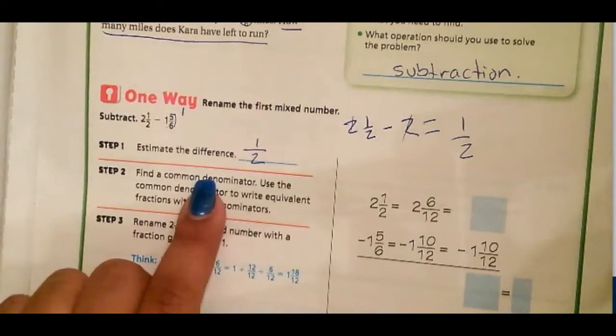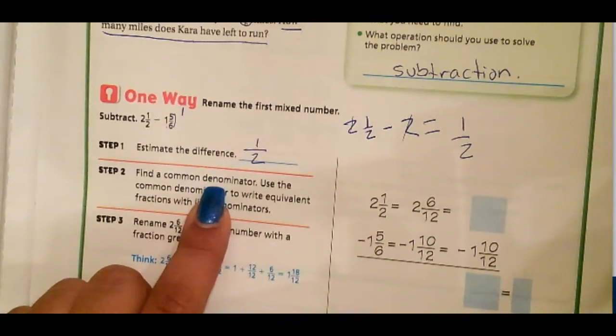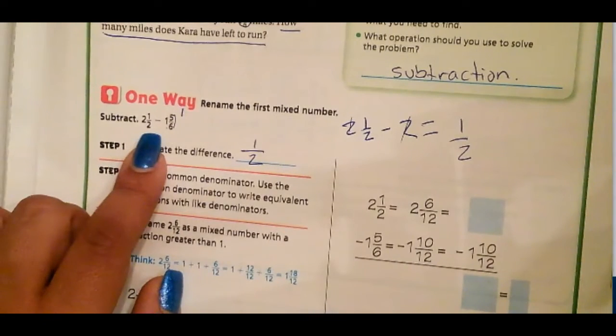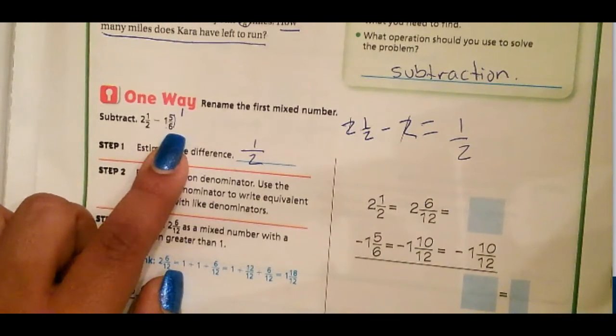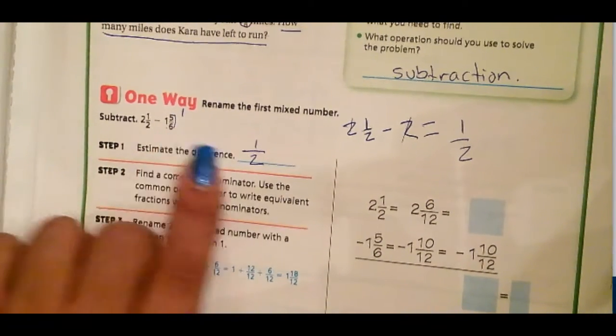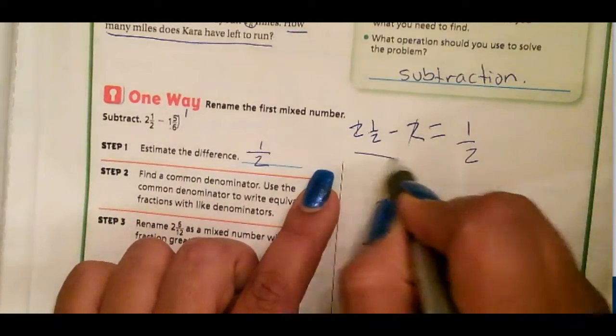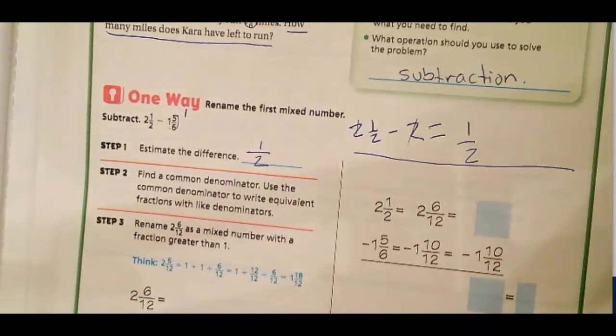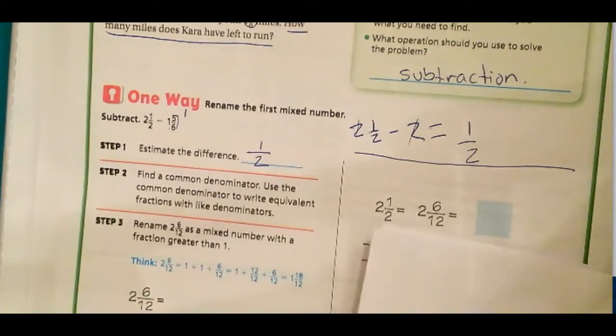Step number 2, find the common denominator. Our denominators are 2 and 6 right now. They're different. To find the common denominator, you want to list your multiples. I'm going to do it on different paper just to make sure that it's clear enough.